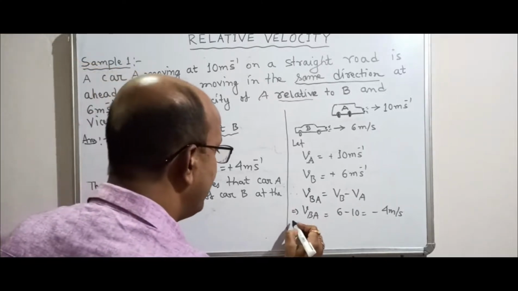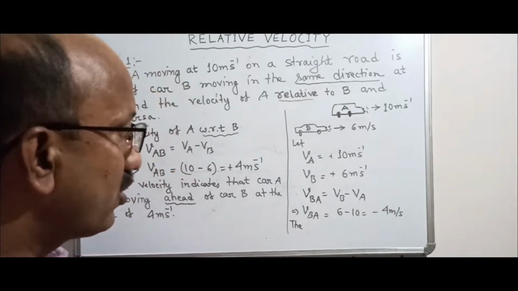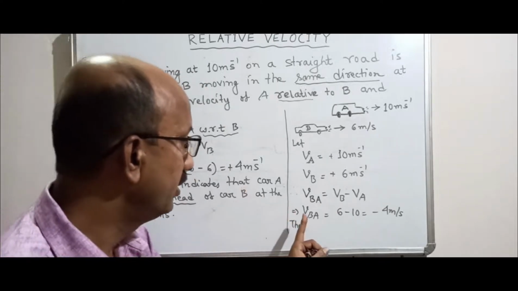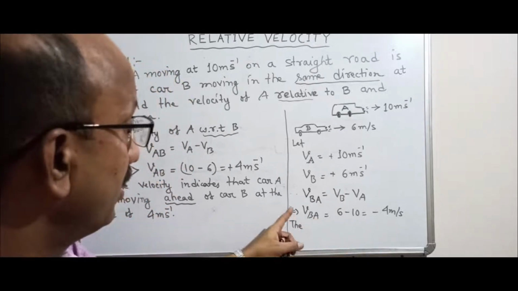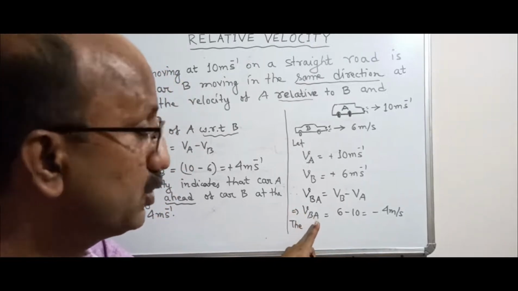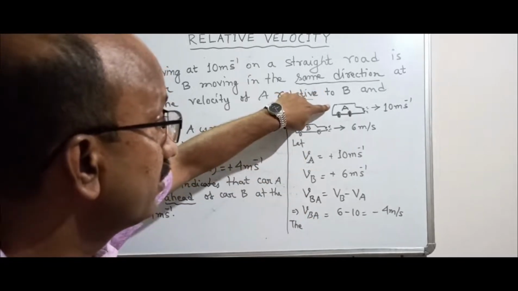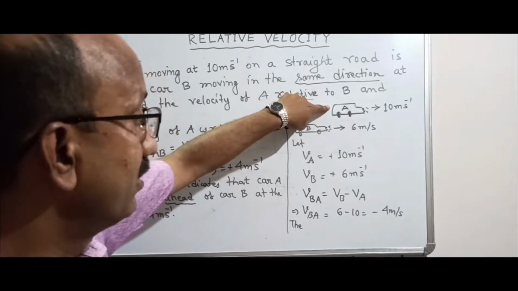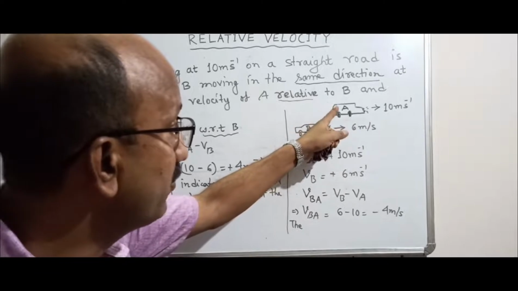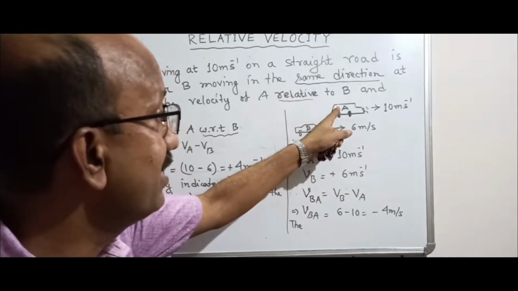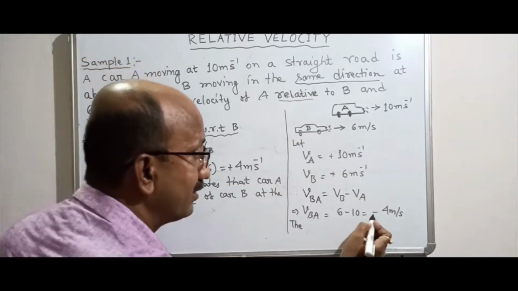Now the negative velocity. Now you are going to write the feeling or the expression of which? Here who is the respectable one? Just remember, velocity of B with respect to A. So you are going to write the feeling of car A. What car A feels about car B? Answer is negative.